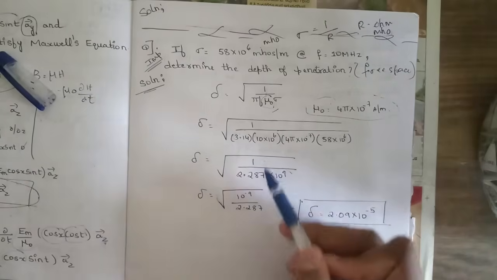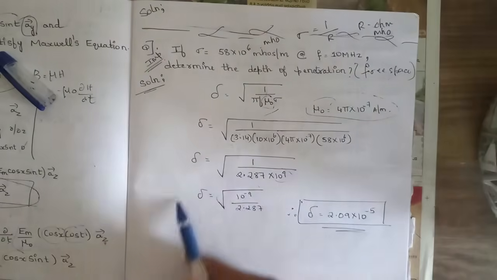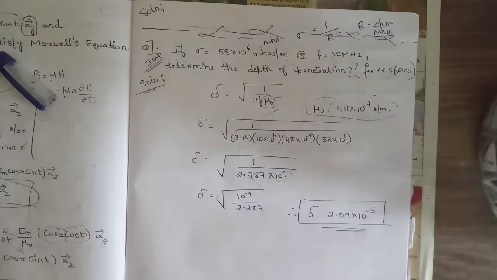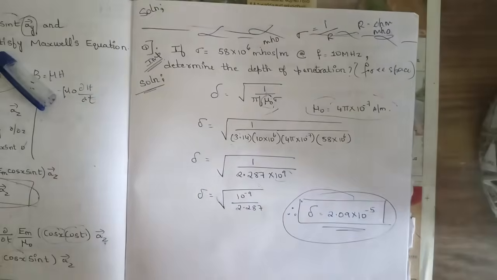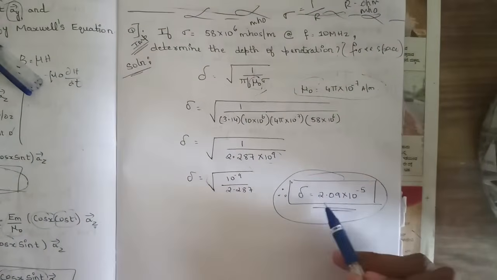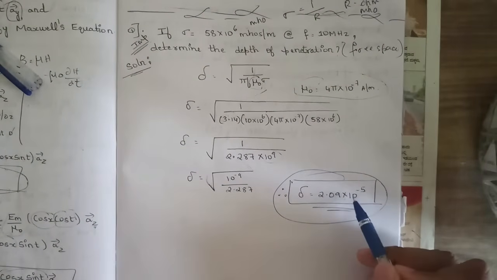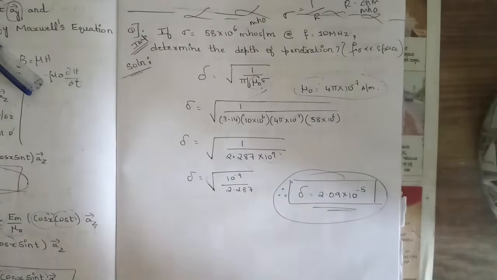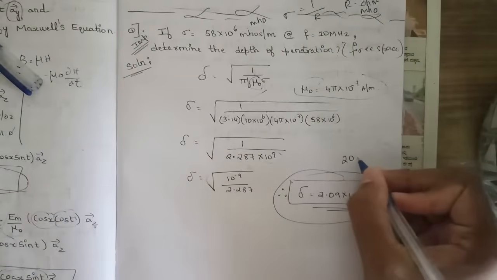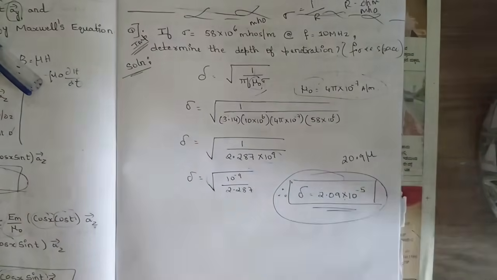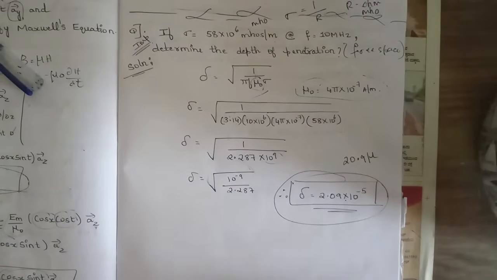If you bring it to the numerator, it would be 10^-9. Then in the calculator, the depth of penetration we obtained is 2.09 × 10^-5 meters, or simply 20.9 micrometers.